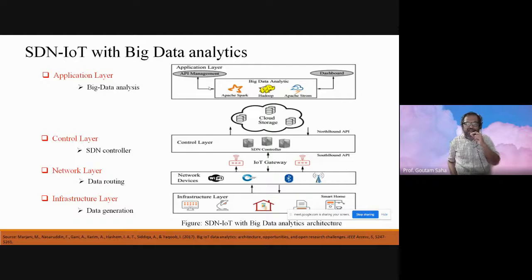Photos mean data, and it is moving data. Data with velocity is big data. Big data means a lot of computation, huge computation. So big data is very much problematic.